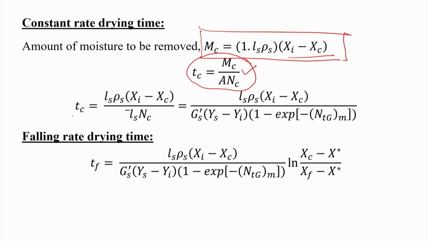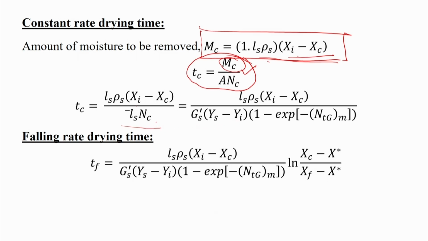So, by putting this m c in this equation, in place of m c we put L s into rho s into x I minus x c, and we get T c equal to L s into rho s into x I minus x c divided by L s into n c.